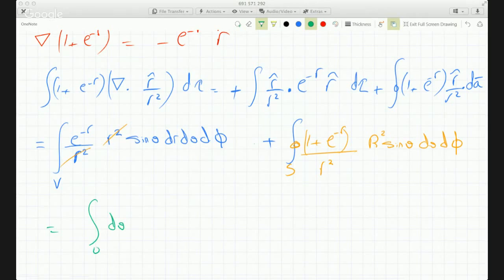So theta goes from 0 to pi, d phi goes from 0 to 2 pi. Oh wait, sine theta, sorry, sine theta. And we have from 0 to r e to the minus r dr. So that's the first guy.